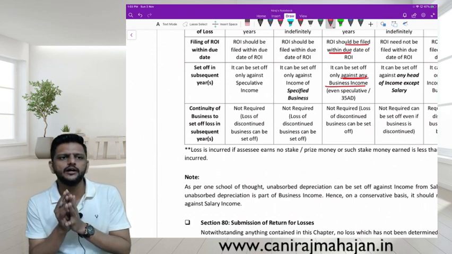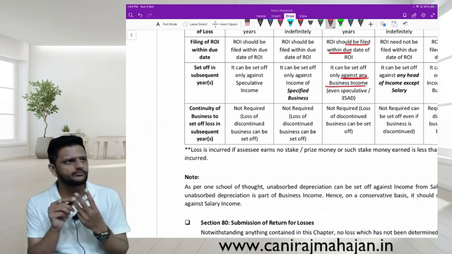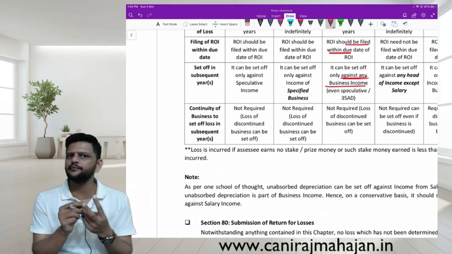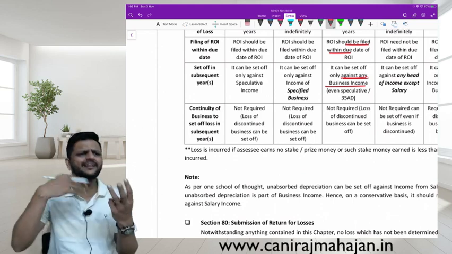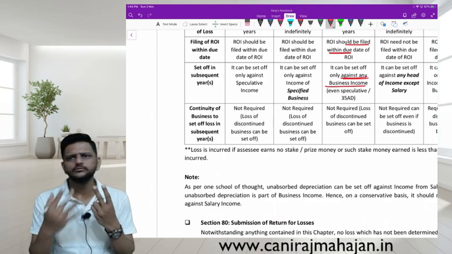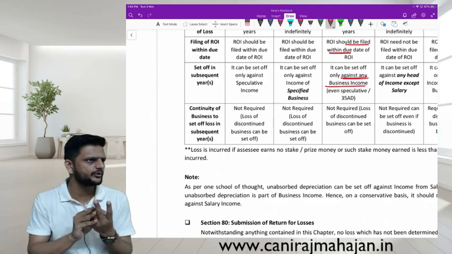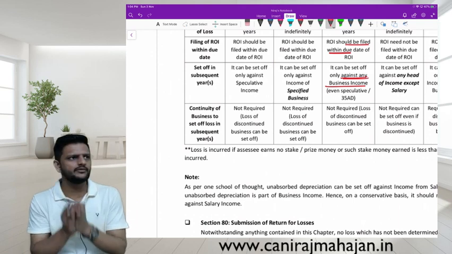Let us say an assessee has 3 normal businesses and there is a loss from business number 1. It can be carried forward for 8 years. Yes or no? And in one of the years, 3rd year or 4th year, whatever, while you are still carrying it forward, business number 1 is now over or discontinued. But that loss can still be adjusted against other businesses of the same assessee.